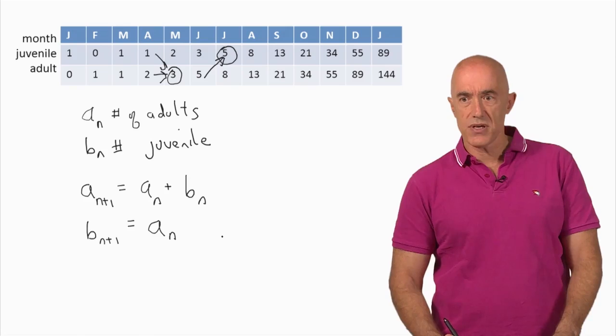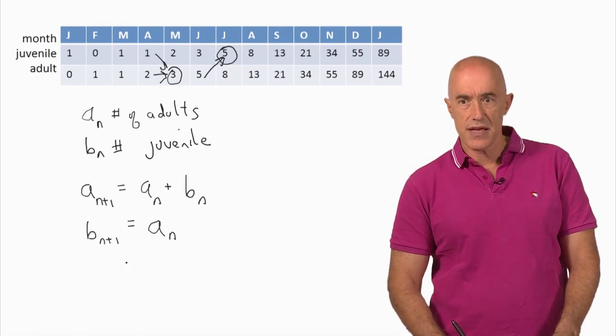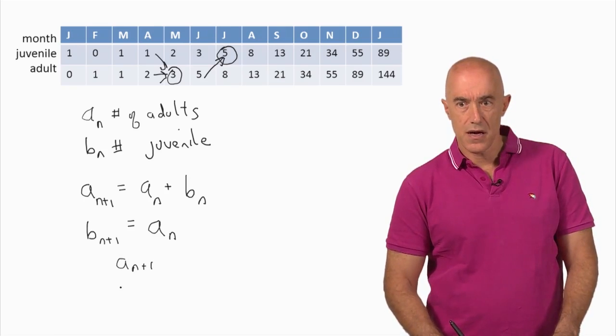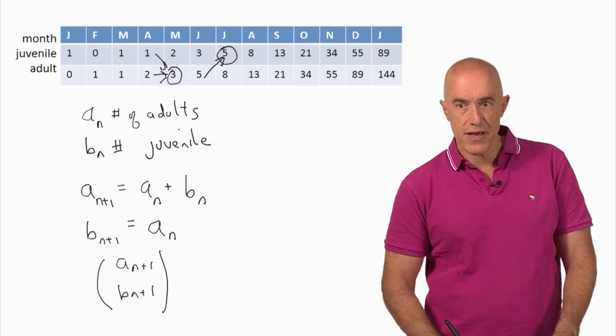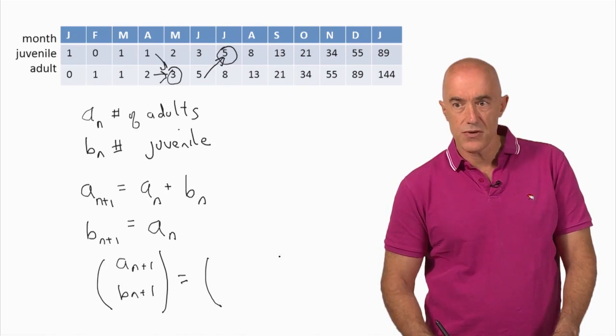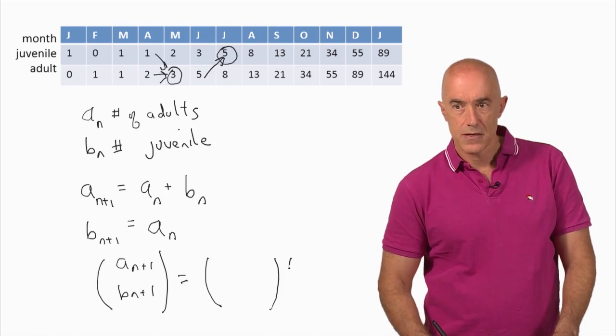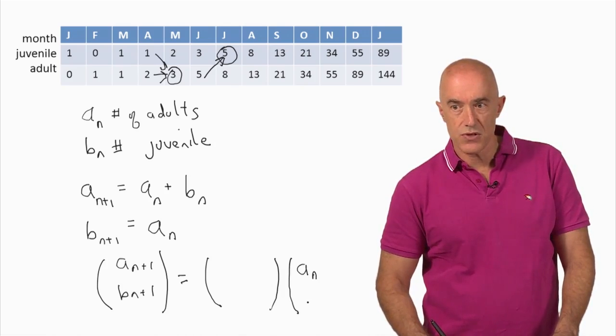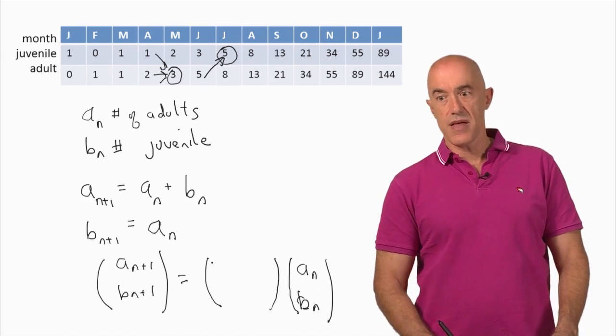This is a matrix equation. We can write A n+1, B n+1 as a column vector, and that's equal to a matrix times A sub n, the number of adults in the nth month, and B sub n, the number of juveniles in the nth month.